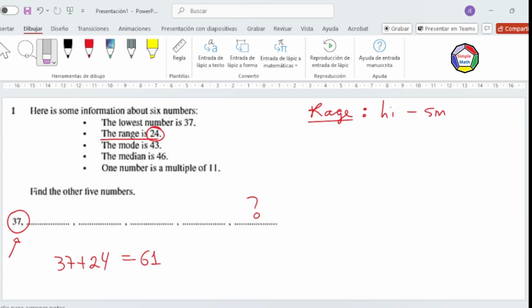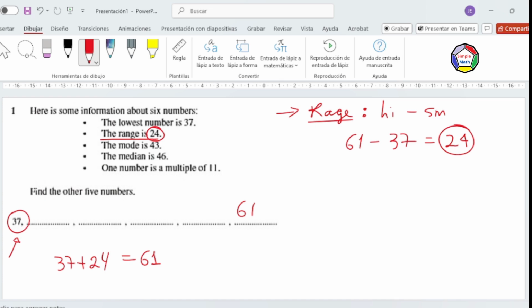So what happens if this number is 61? If I put 61 here, I'm going to verify the range. Which is the biggest? 61 minus the smallest, which is 37, is equal to 24.